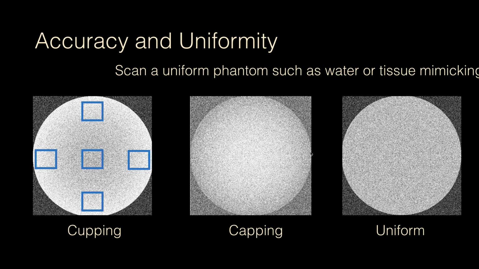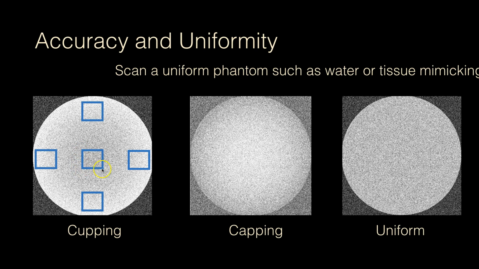So accuracy and uniformity are both measured, accuracy being the absolute number and uniformity being the difference between that number in different regions. So these are what's called regions of interest.